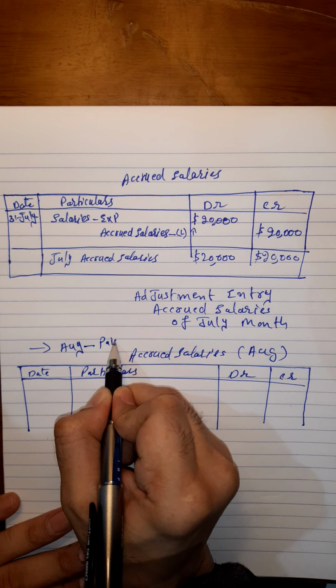let's come to the July month. What does the accountant do? For the books of accounts, the accountant will do one entry because we are making our accounts on accrual basis. The accrual basis generates the term accrued.